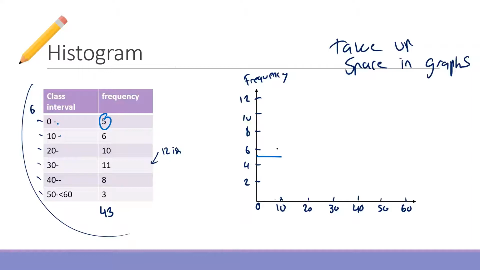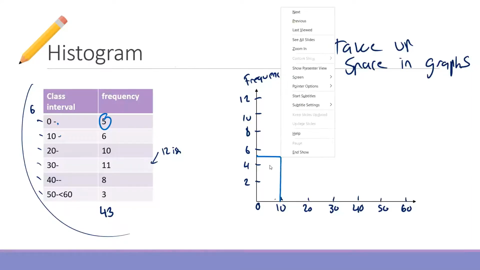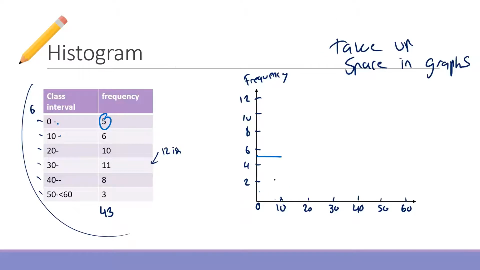You could go straight down from that line, or you could leave it and then do the next one and then go straight down. Let's go straight down. Just because I can't be bothered figuring this out, I'm just going to go straight down like this. And I'm going to shade that in. And there's that first line.